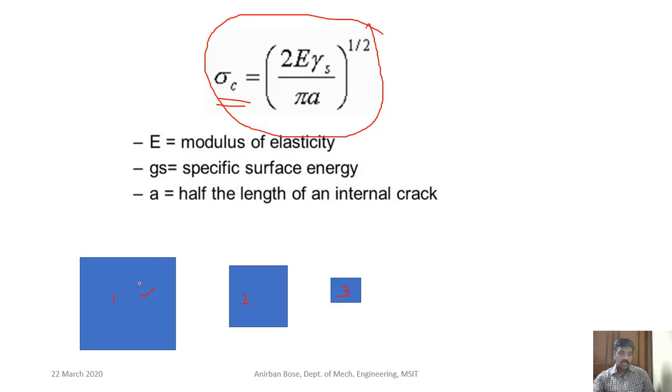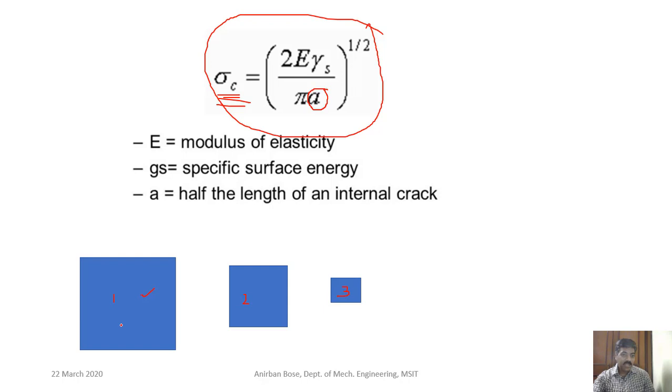This is true because here you can see this is the parameter related to the crack size. So if the crack size is small, then the stress at which it will break is very large. Okay, so if you compare among these 3, which one has the smaller crack size? No information is given about the crack size, but I have told you that cracks will always be there during handling and during manufacturing. But it is for sure that a crack cannot be more than the dimension of the sample.